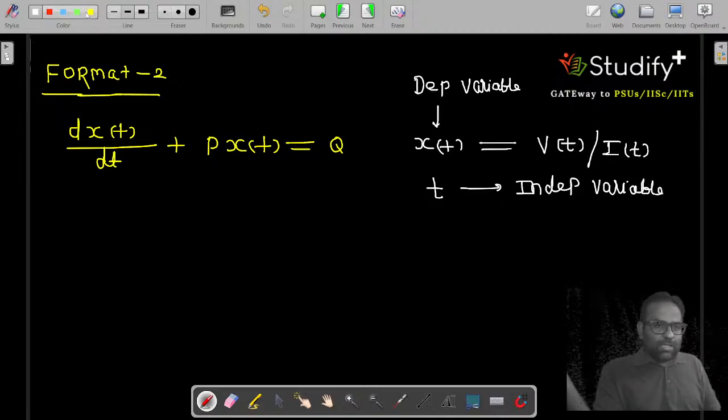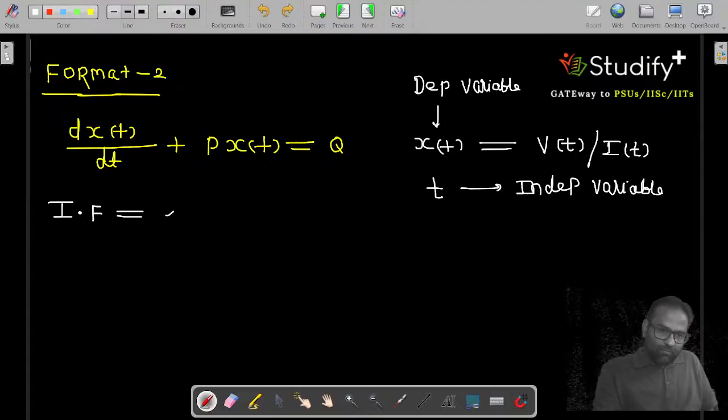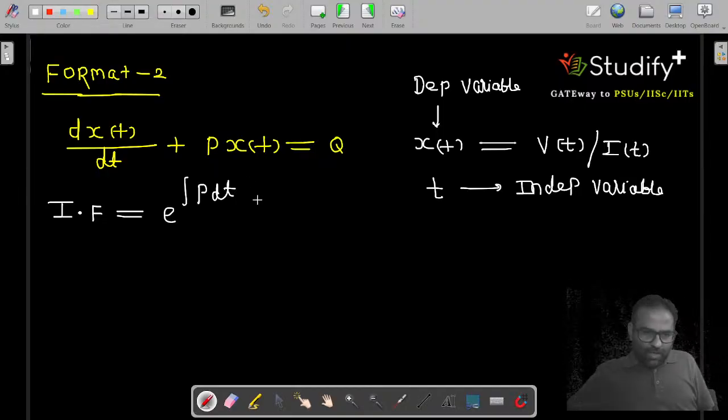So what is the solution of this format? The solution is just calculating the integrating factor. What is the integrating factor? e to the power integration of p dt. As we know that p is constant, this value will be e to the power pt, as the integral is t.